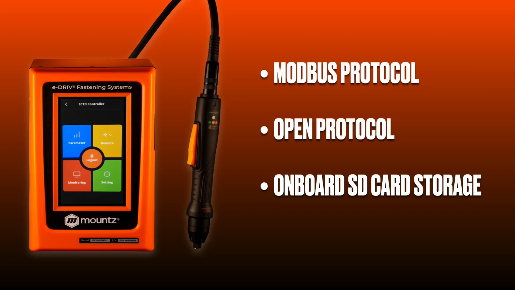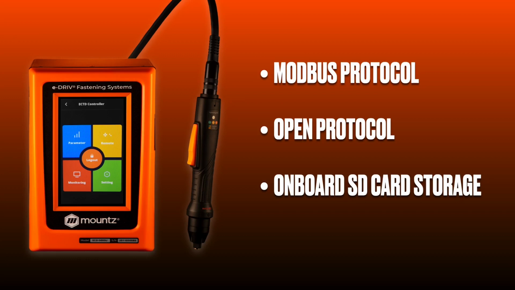We can read from those, and those can all be set up through the ability to use either Modbus or Open Protocol to be able to have that data either inserted into our MES system or be able to stream that out and gather that another way.